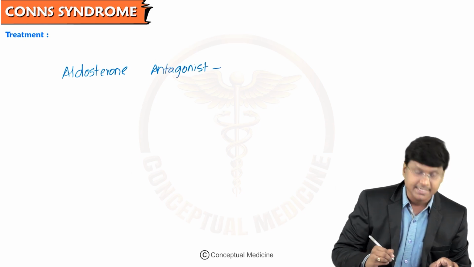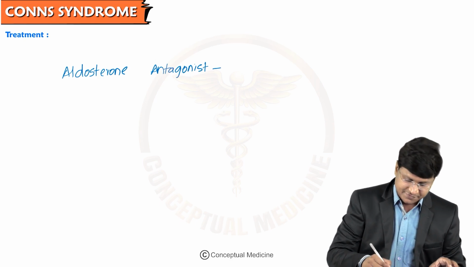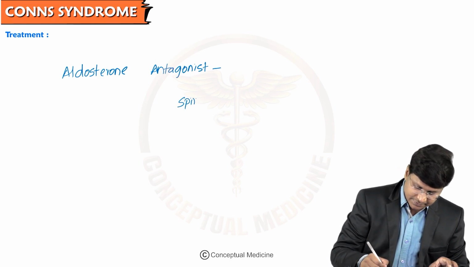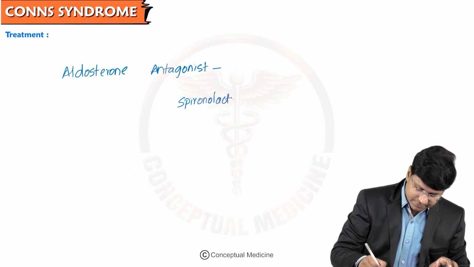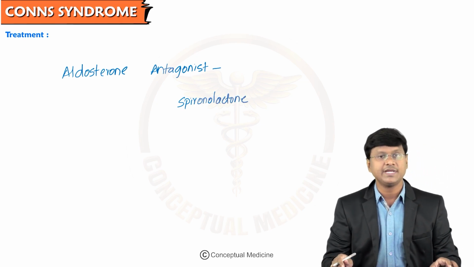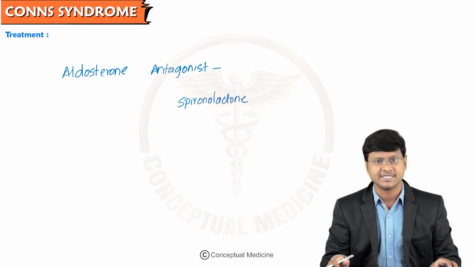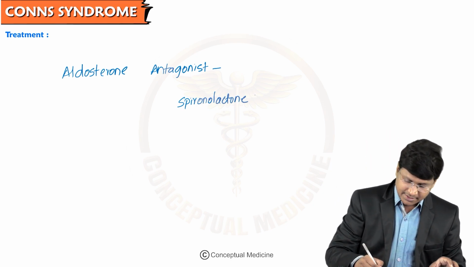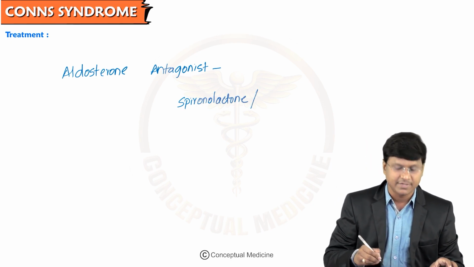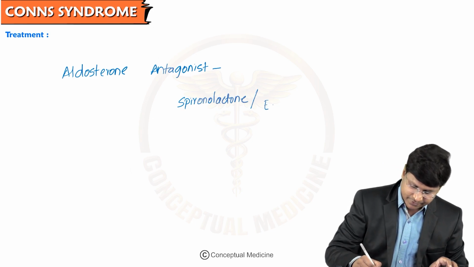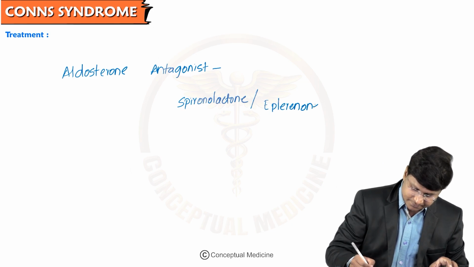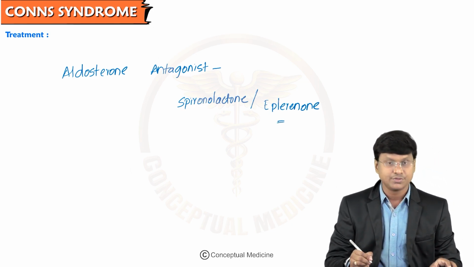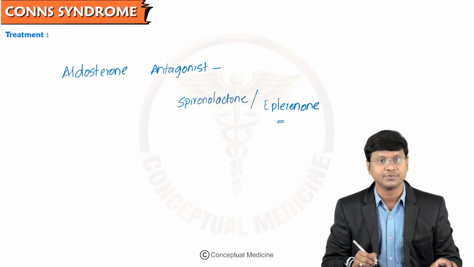These aldosterone antagonists include spironolactone, which can cause painful gynecomastia, and the alternative to spironolactone is eplerenone.